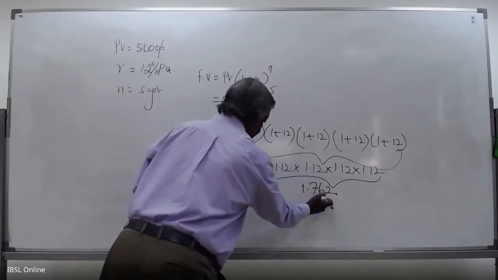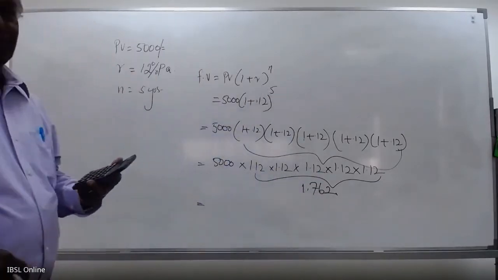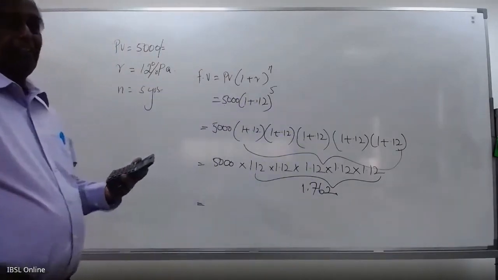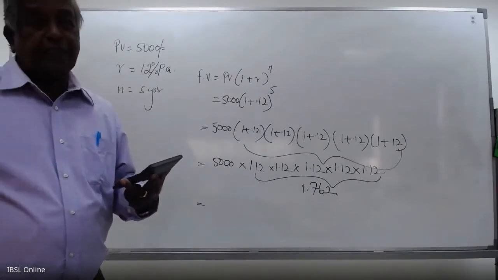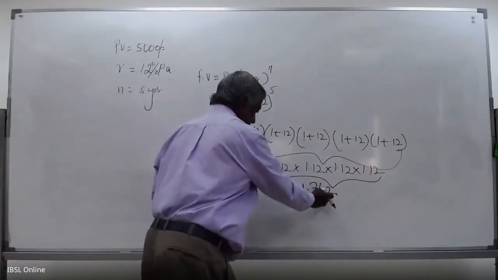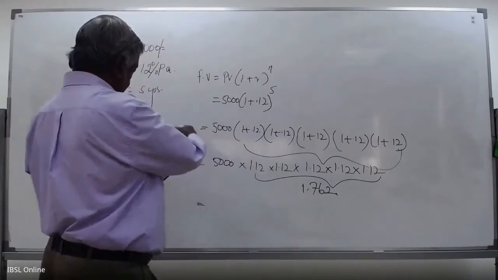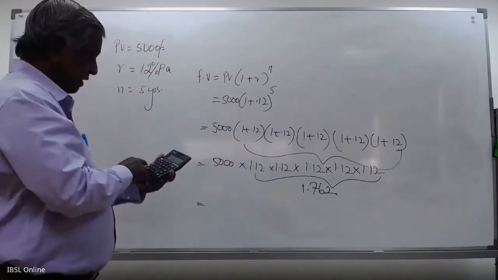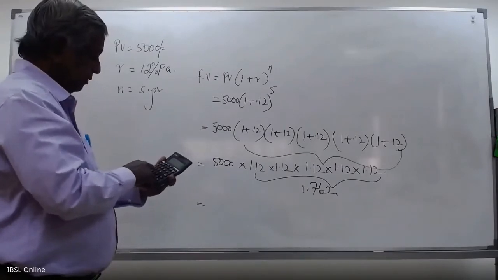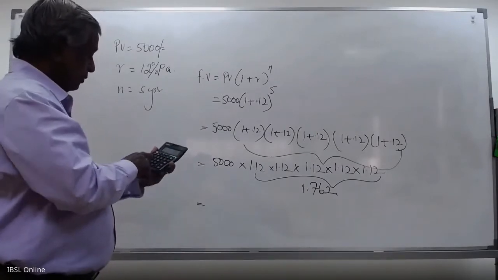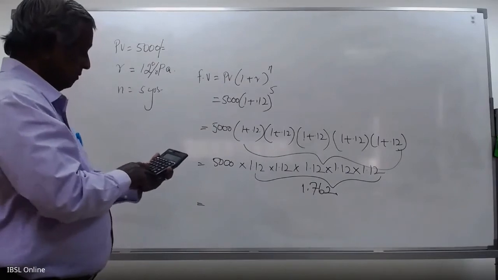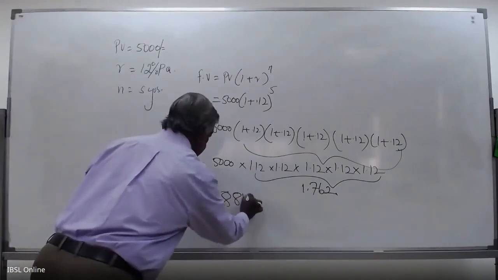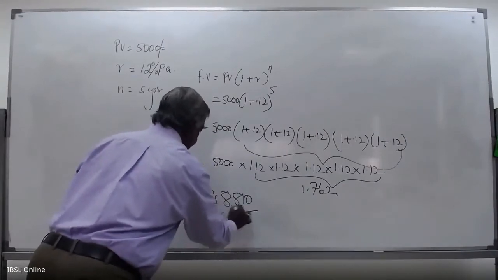Actually, this is the compounding factor for this interest rate and for this period. If you had used the compounding table, you would have got this one. So now multiply by 5,000: 1.762 into 5,000 is 8,810 rupees.